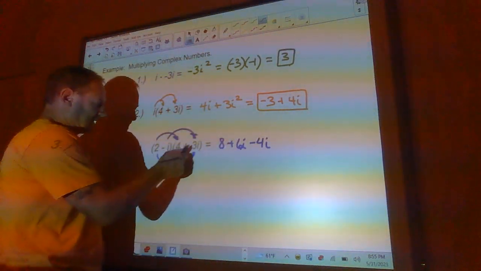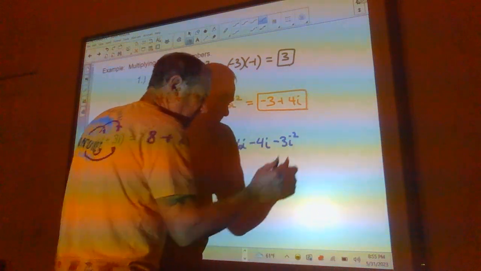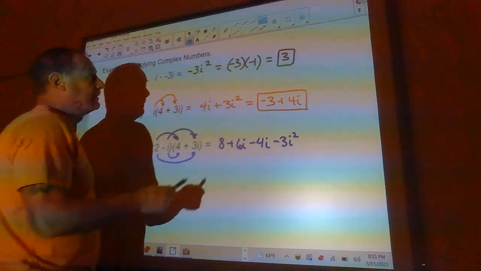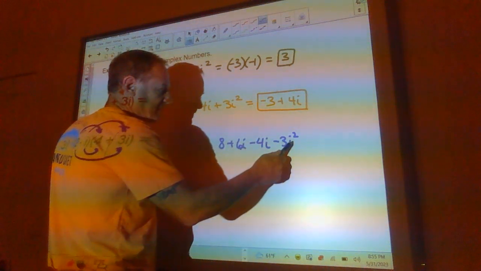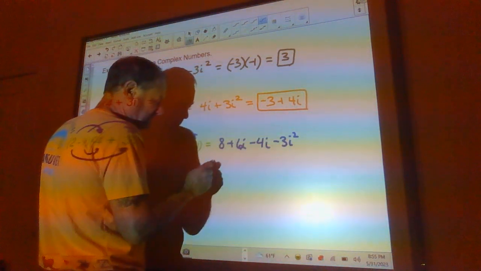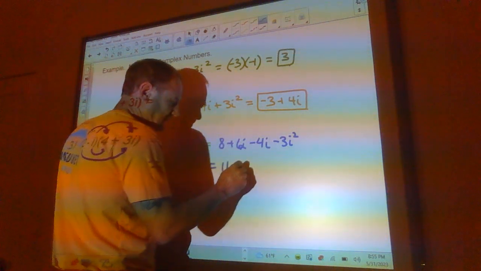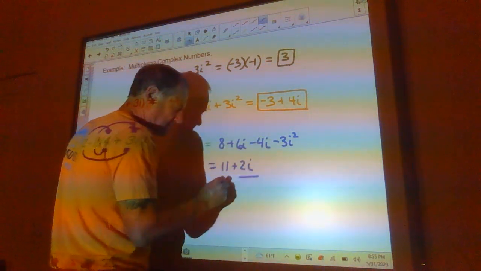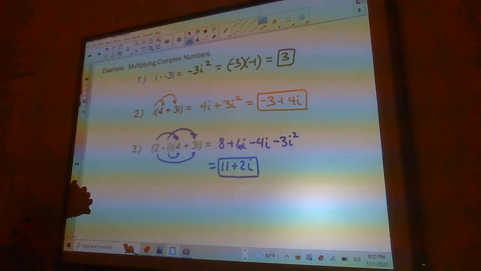And last would be negative i times 3i, which would be negative 3i squared. So the negative 3i squared is negative 3 times negative 1, which is 3. I'm going to combine that with my 8, and I'm going to get 11. And then 6i minus 4i is plus 2i. So that's how you do that.